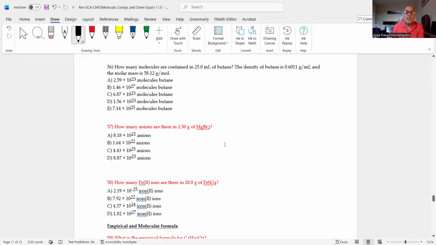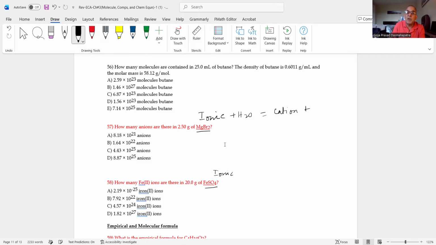If you look at it, in this case, magnesium bromide, MgBr2, and in case of 58, there is a compound called FeSO4, and they are asking about ions. Both of them are ionic compounds. And I said an ionic compound, if dissolved in water, is expected to produce cation and anion.